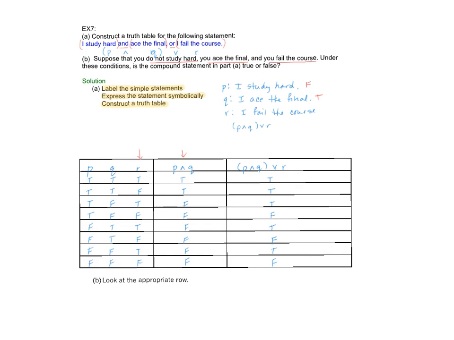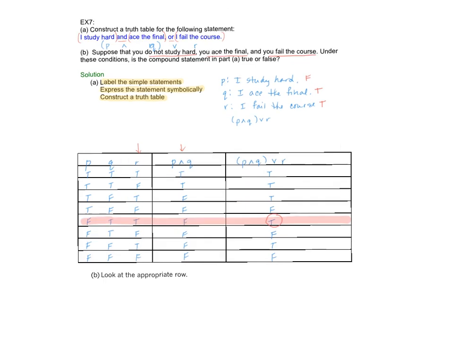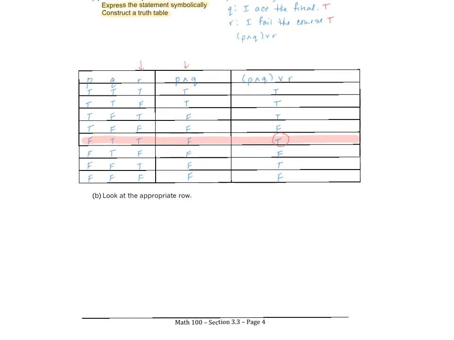You fail the course, I fail the course is true. So I'm just looking for that particular row that goes false, true, true. In that row, the value of the statement is true. So is the compound statement in part A true or false? We looked at the appropriate row and we found that it was true.